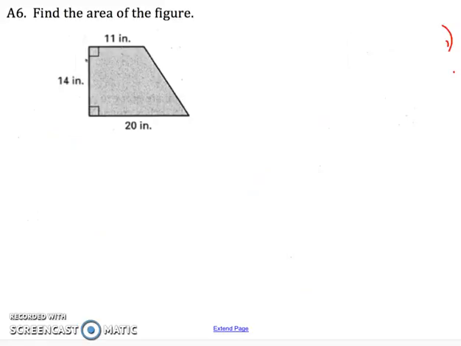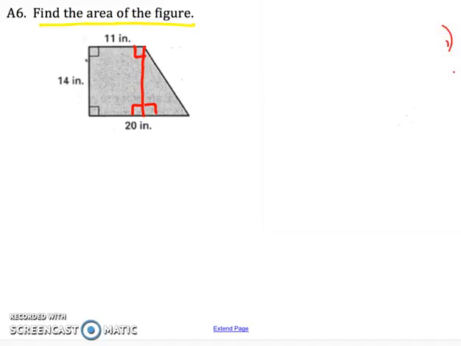So for this last problem here, we are going to be able to find the area of the figure. But in this case, I don't have just a triangle or just a rectangle. What I can do, though, with this figure is I can cut it up into 2 pieces. I can cut it up into a rectangle with 4 right angles, and then I also have a right triangle. Now, some properties of the rectangle.